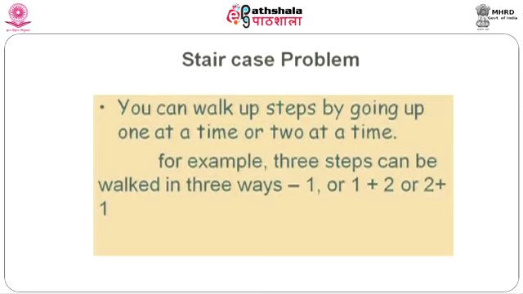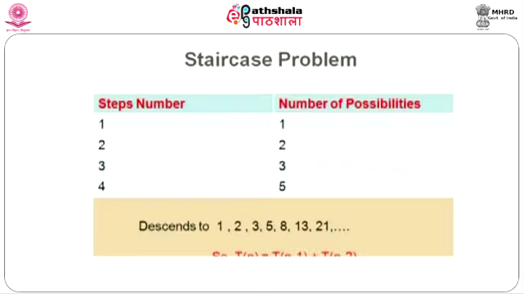We can go one by one as 1 plus 1 plus 1, or walk 1 step and then 2, that is 1 plus 2, or I can walk 2 steps and then 1 step. In other words, there are 3 ways we can walk up this 3 step staircase.